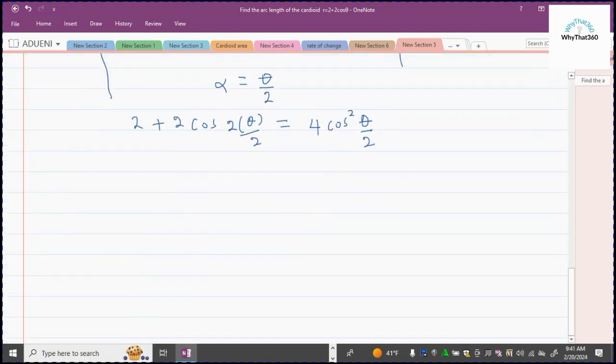We have L is equal to 2, and then the integral from 0 to 2 pi as the limit, of the square root of 2 plus 2 cos theta d theta. I think that's what we had. Okay, and now we are saying we have this expression.